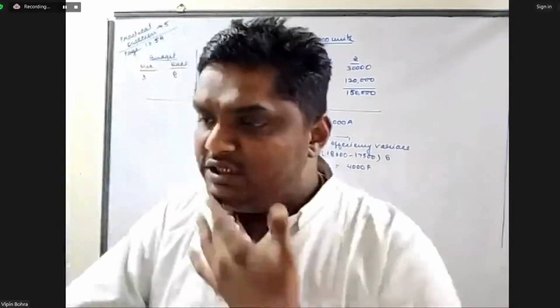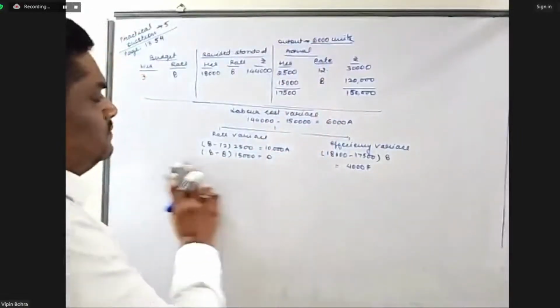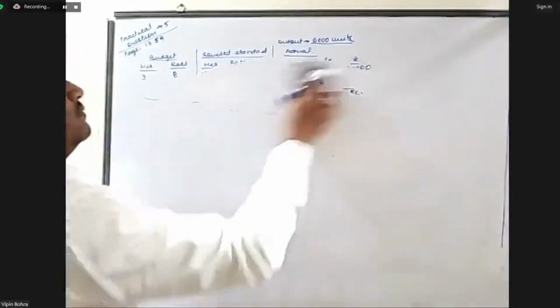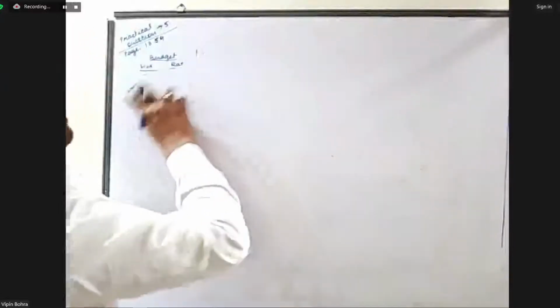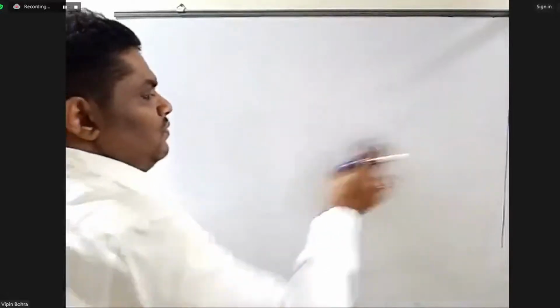So let me discuss illustration number 8. So the standard labor employment and the actual labor engaged in a week for a job are as under, wherein the details are given as regards skilled, semi-skilled and unskilled workers.